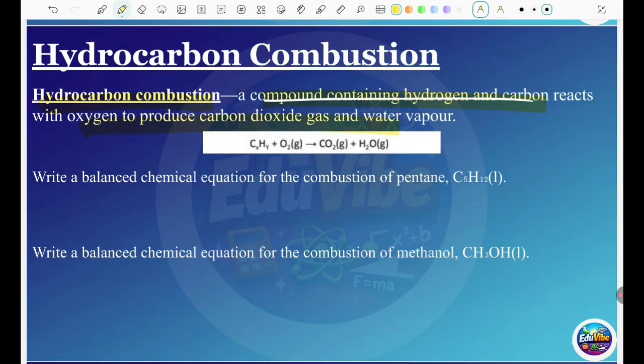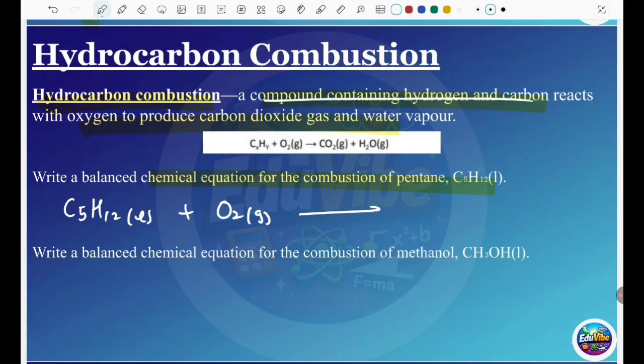Always when we're doing combustion, we always get two things, carbon dioxide and water. Both should be gas. So combustion of pentane, they're giving us the formula C5H12. So C5H12, this is liquid they mentioned, plus O2 because this is a combustion, and we will always get CO2 plus H2O gas because this is water vapor.